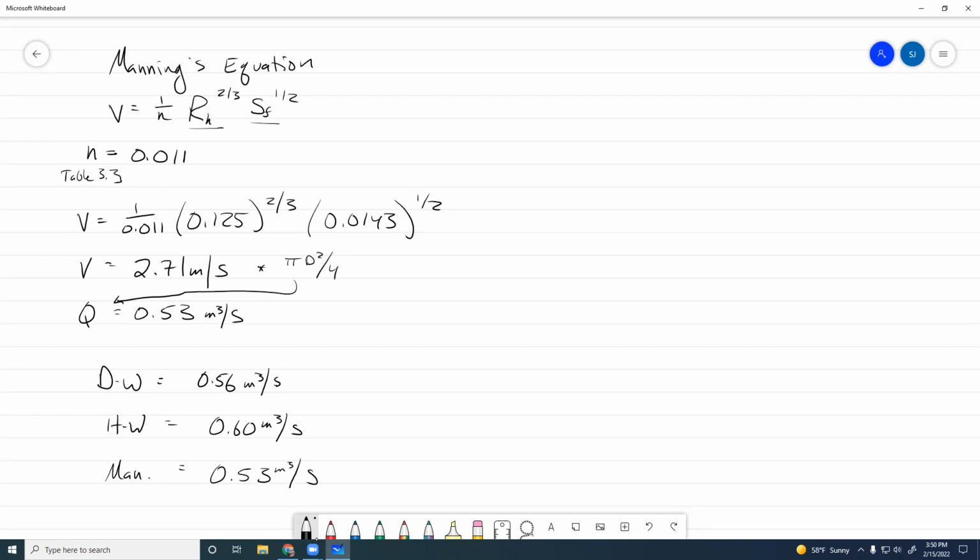You could calculate the percent error if we assume that this is the actual value. So 0.04 versus 0.07 cubic meters per second divided by 0.6. Is that about 10% or so error? A little bit under 10% error. So is that important or not? That's really up to your design question. This is just a quick and dirty tool we can use, maybe for back of the envelope types of calculations.